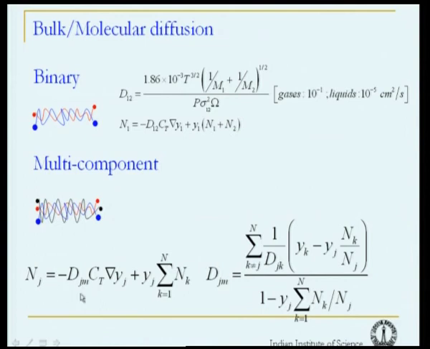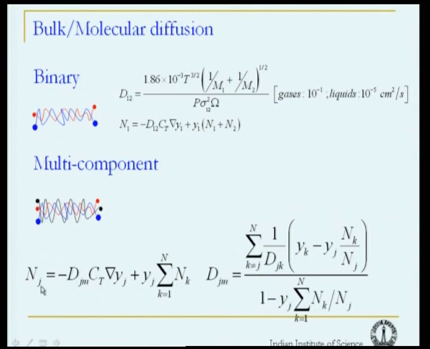Equivalent to the binary system, we have multi-component diffusion, where DJM is actually not a true binary coefficient, because when you have more than one component, A, B, C, let us say, or 1, 2, 3, we have binary diffusion coefficients between 1 and 2, 1 and 3, 2 and 3 and so on. All those put together will determine what is called the effective diffusion coefficient.